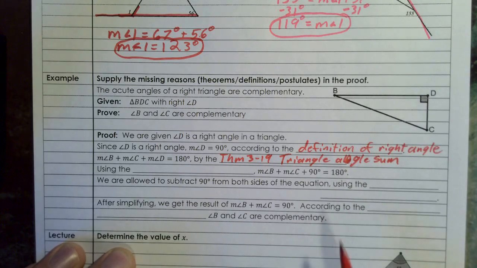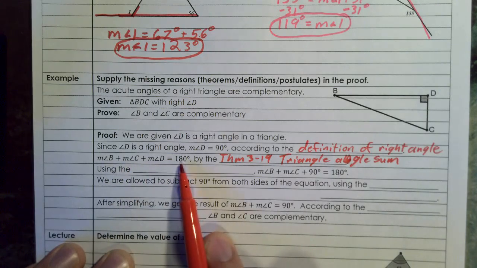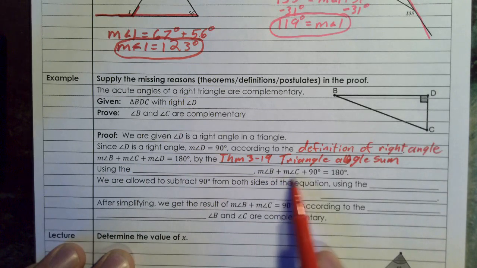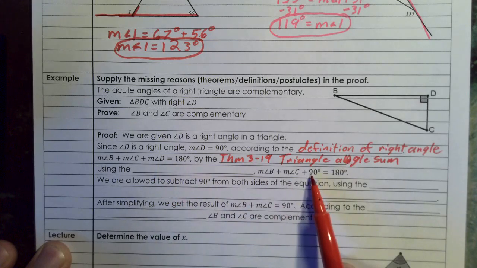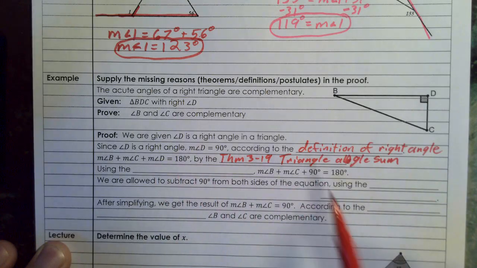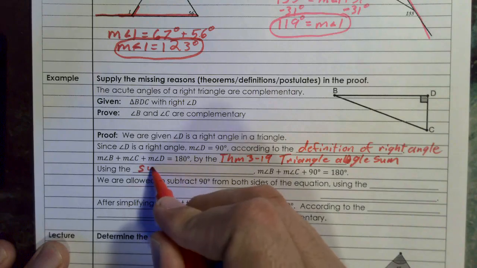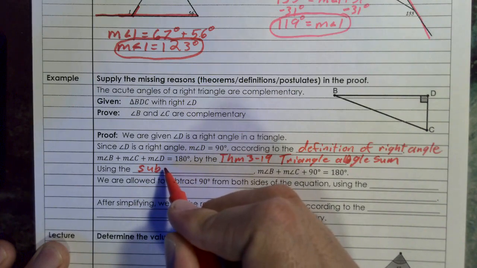Okay. Now I've got this equation and this one. So the main difference between these two is this one has the measure of angle D and this one has 90. So these got swapped out. That is the substitution property.